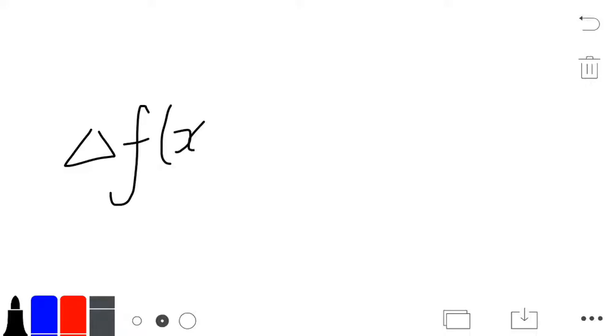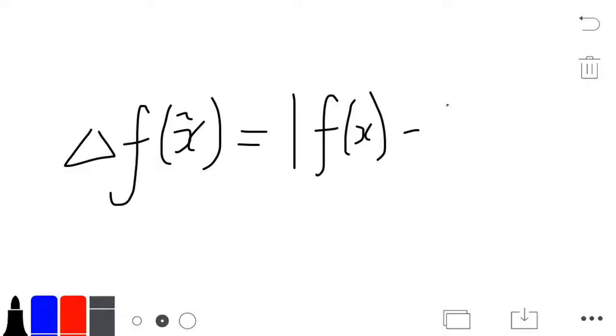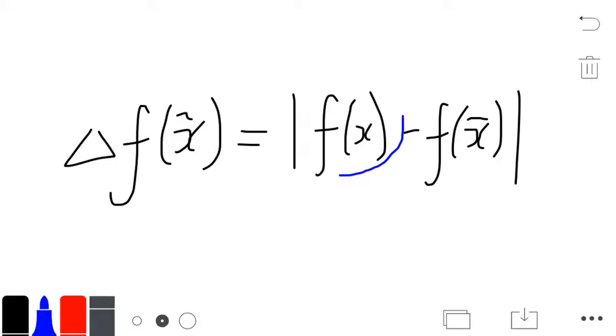In other words, what is delta f of x tilde if it's equal to f of x minus f of x tilde? Now the problem with this statement is that we don't know what f of x is.